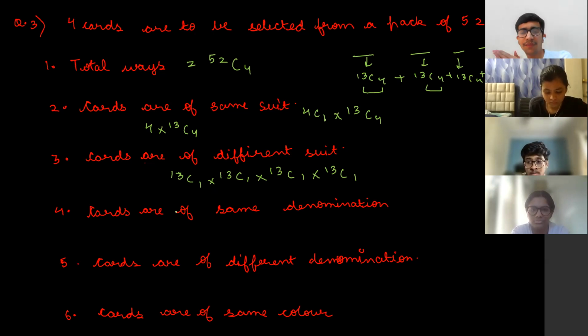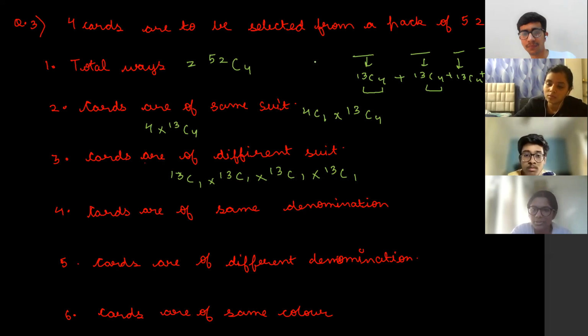Okay, Ritu, how is it 4 into 13C1? I mean, how did you get it? So to select the denomination, it's 13C1, and then there are 4 cards. So 4C4 had to be selected, right? 13C1 means you selected one denomination out of the 13 denominations possible, multiplied by 4 cards for each denomination.